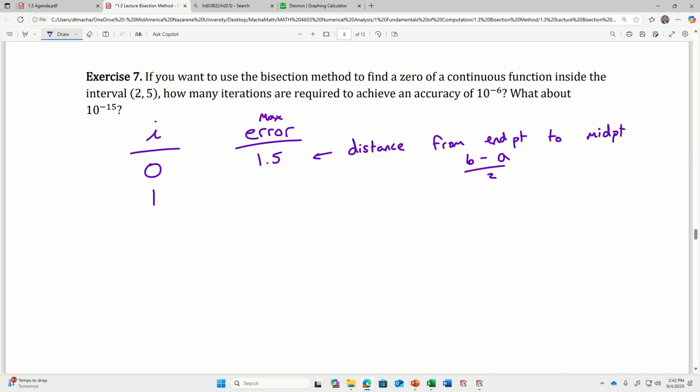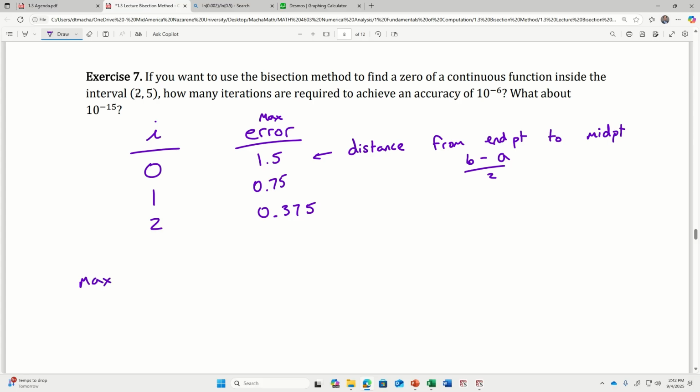Then after one iteration, how much error do I have? What's the maximum amount of error I could possibly have in my answer? 0.75. Yep, 0.75. Yep, that's it. And so maybe we can now look at this and tell what the formula is.